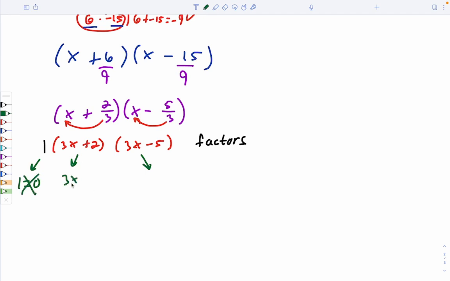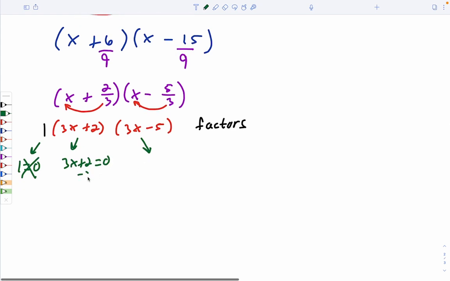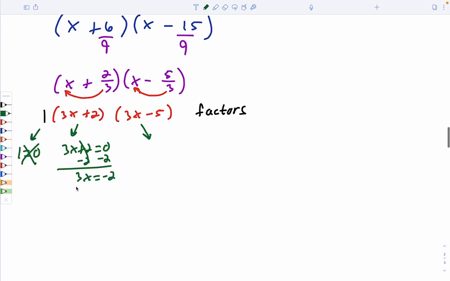For the next one, 3x plus 2 equal to 0. Minus the 2 over to solve for x. So 3x equals negative 2. Divide by 3. So x equals negative 2/3.